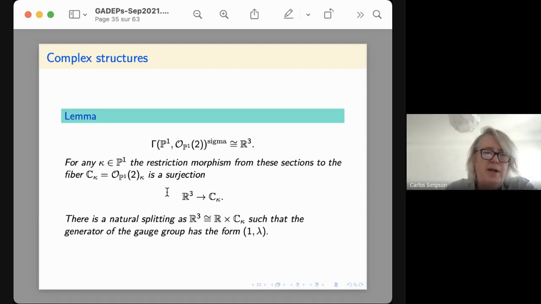So for each complex structure, so for each point in P1, which is a complex structure in the quaternions, you can make a splitting, which is this R3 becomes split as R cross C kappa, okay? And the generator of the gauge group is 1 comma lambda. So, underlying this, we really have an R3 modulo Z that we're looking at, and that's going to be R cross C modulo Z. Okay.